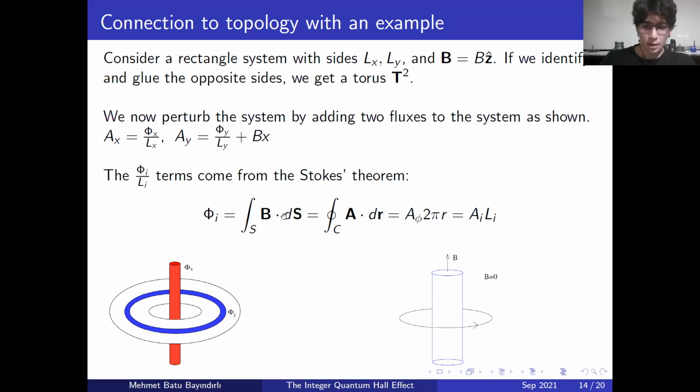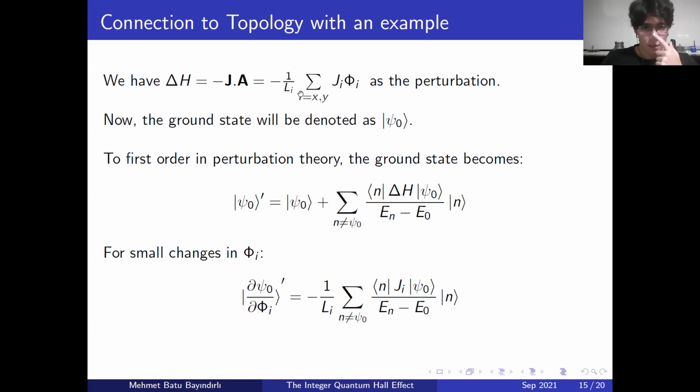And let's see. Okay, so we treat these added fluxes as a perturbation. And from the perturbation theory, the approximate new solution of the system is given as this. And when we calculate the dependence on the newly added fluxes, we get this.